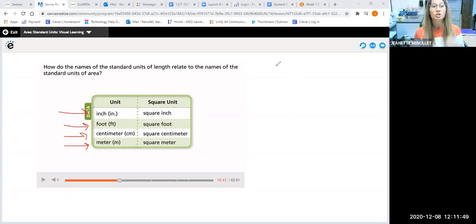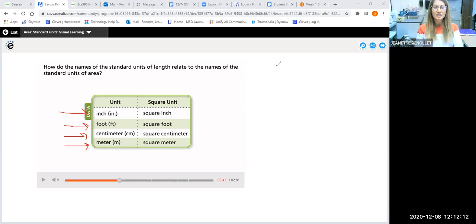A foot is 12 inches. When we hold up a ruler, this is about a foot. So if I'm going to measure how long my desk is, I might want to measure in feet. I don't want to measure in centimeters. This will take me a long time to measure centimeters. Okay. Another measurement is a meter.